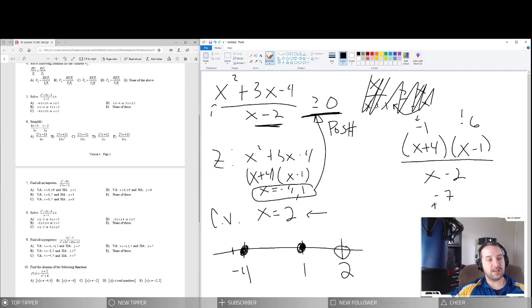So a negative and a negative and a negative is a negative. Now I need to plug in a value here, like 0. So if I plug in 0, I'll do 0 in orange. I'm going to get 4, I'm going to get -1, and I'm going to get -2. So I only have 2 negatives. So a negative is a positive.